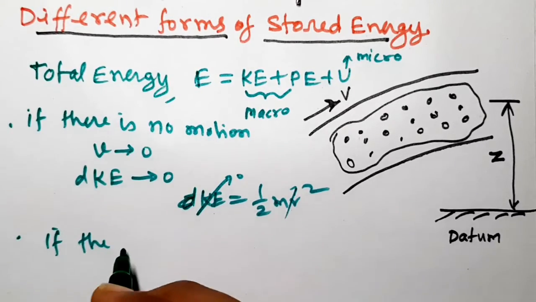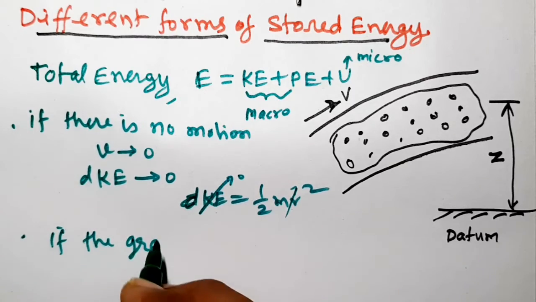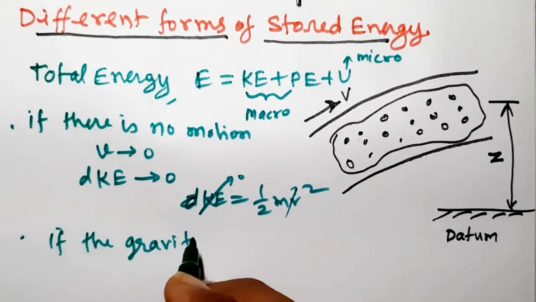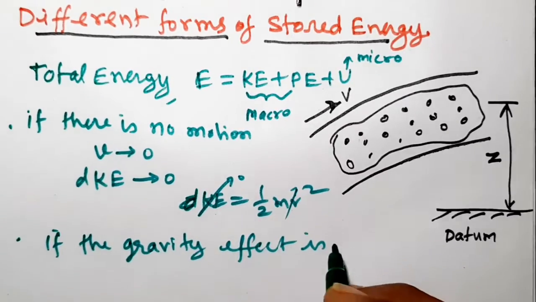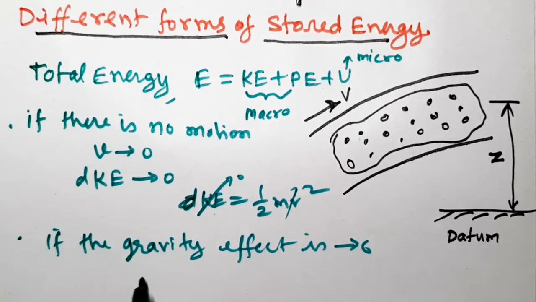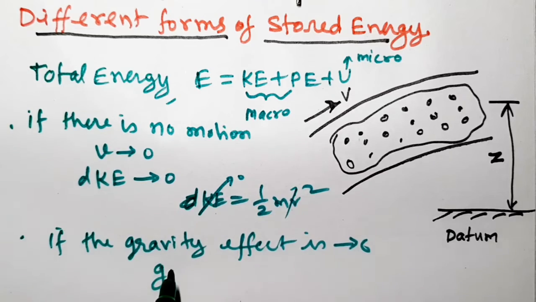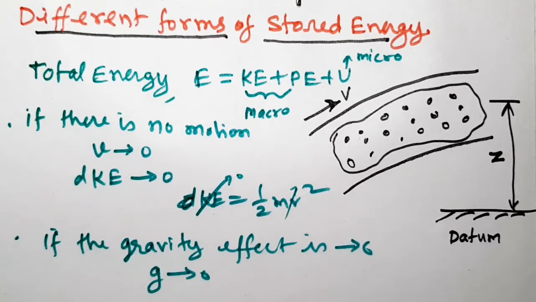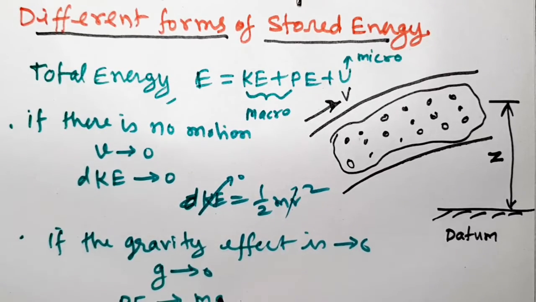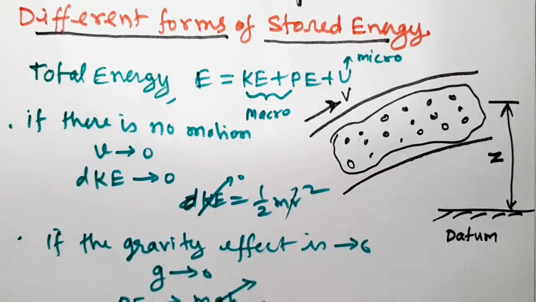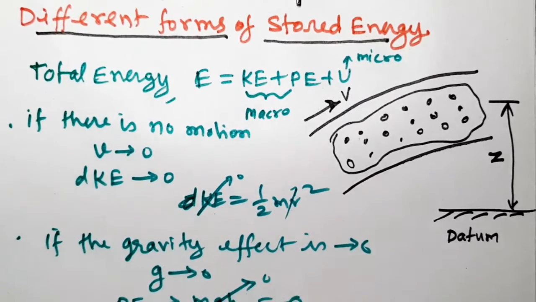So here KE is 0 if the gravity effect is neglected. It means g is 0, or potential energy PE equal to mgh will be 0, because g is equal to 0.